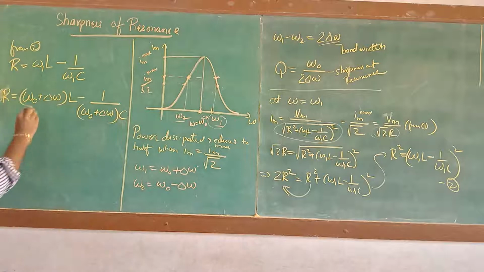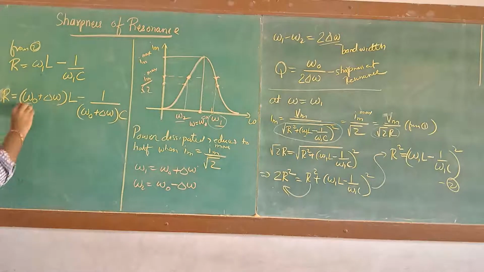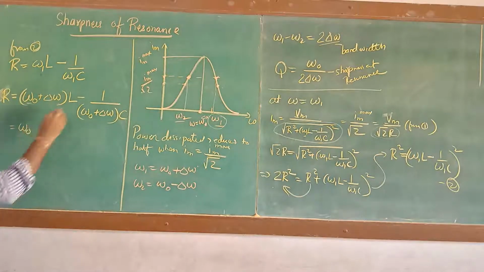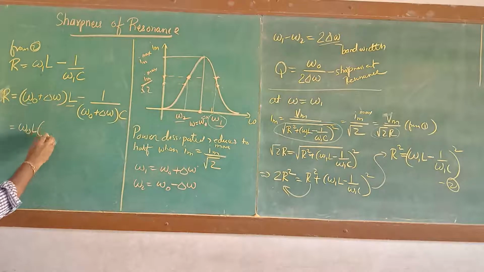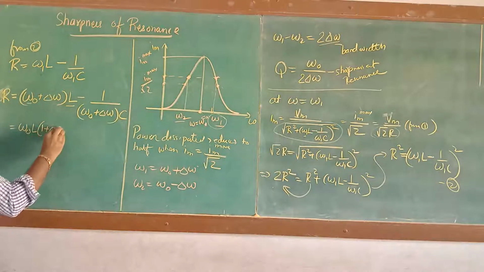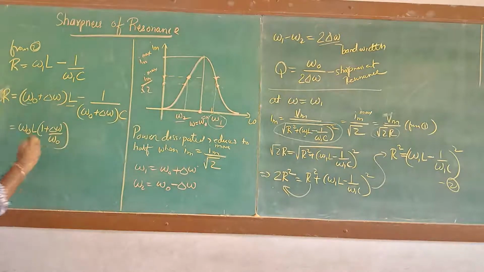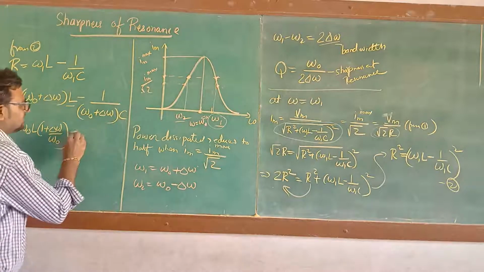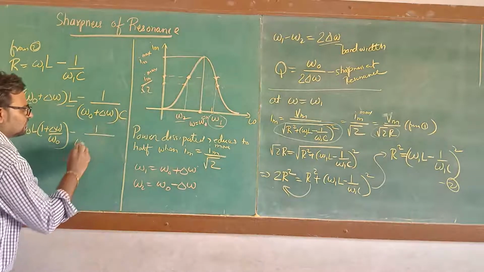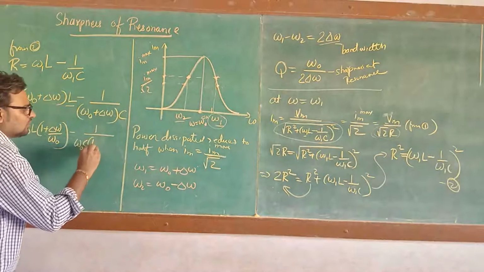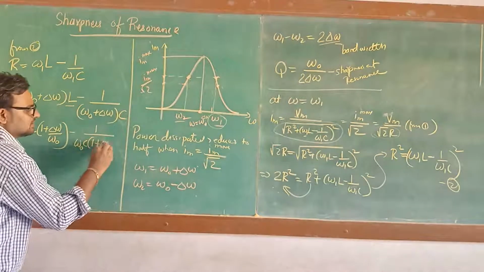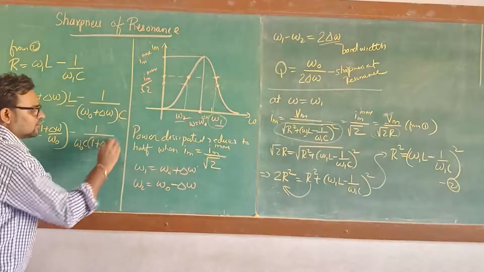Now I will take omega 0 common by multiplying and dividing by omega 0. So omega 0 L into (1 plus delta omega by omega 0); the omega 0 cancels. In the same way in the denominator, omega 0 C into (1 plus delta omega by omega 0).